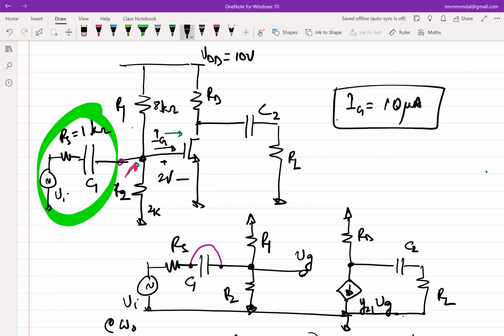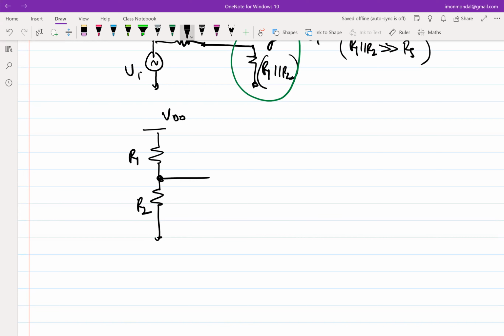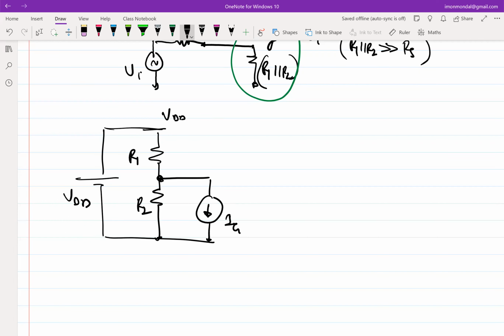So let me sketch the circuit separately. Let's say this is VDD. What I'm saying is this: you have a current source here, Ig, and this is the voltage source, VDD. What is this voltage?